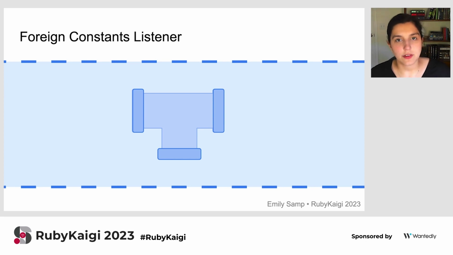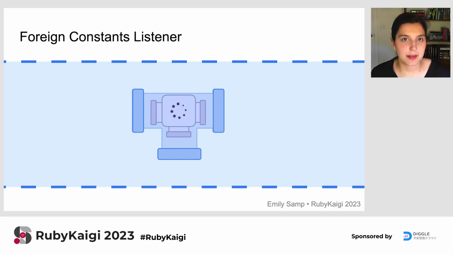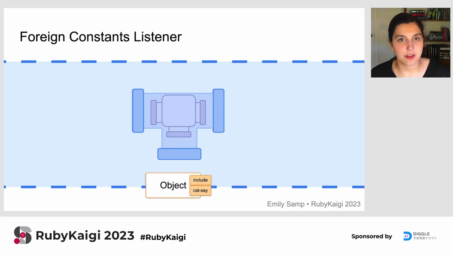The job of the listener is to take a constant from the pipeline, and then consult the mixin tracker to see if this constant is involved in any dynamic mixins. The mixin tracker will find all dynamic mixins associated with the constant and return them to the listener before allowing the constant to continue on down the pipeline. From there, the listener will check if the mixin occurred within the gem.